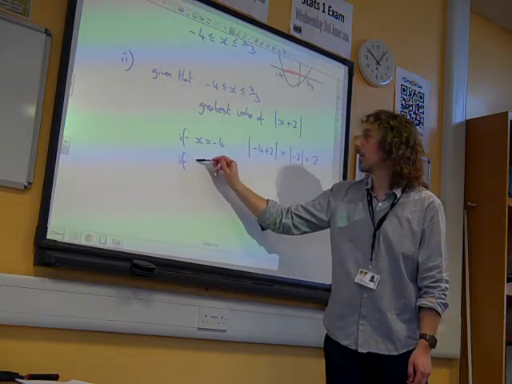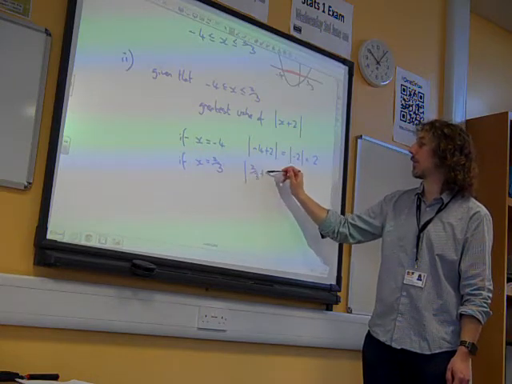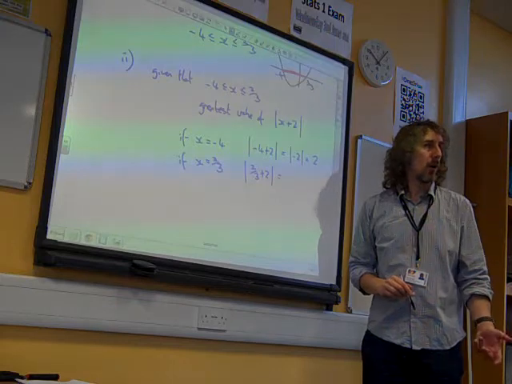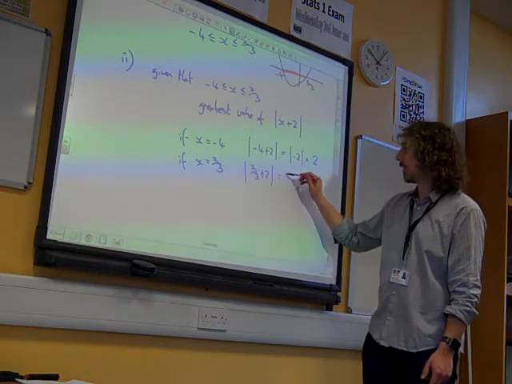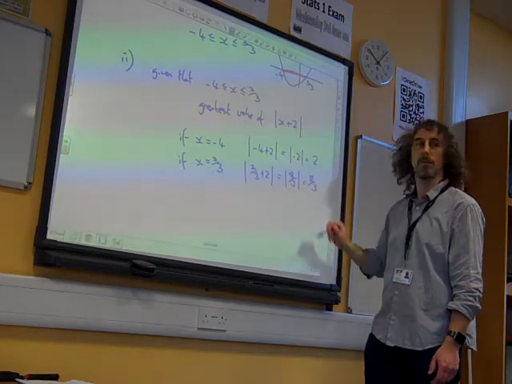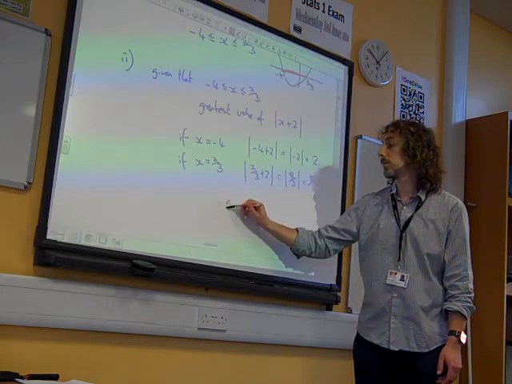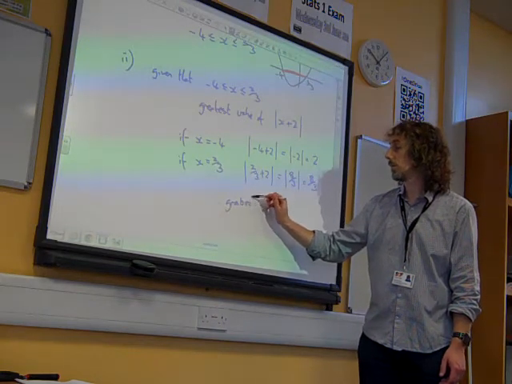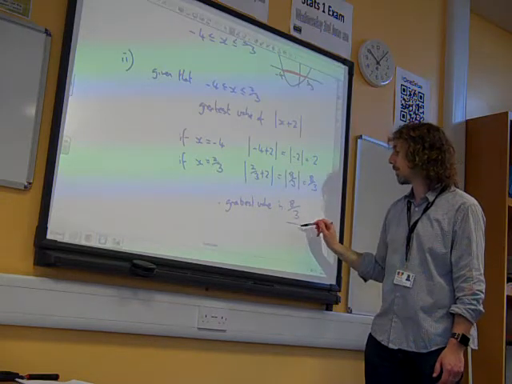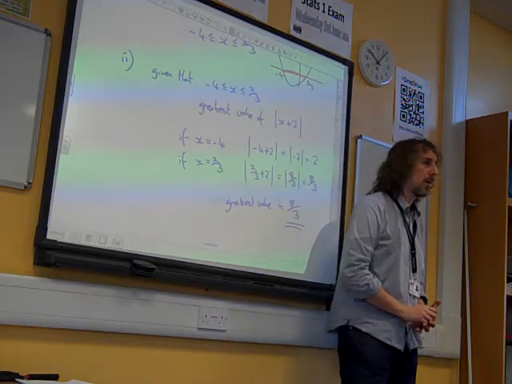If x equals 2/3, then the modulus of 2/3 plus 2 is the modulus of 8/3, which is 8/3, more than 2. That's its greatest value: 8/3, or 2 and 2/3.